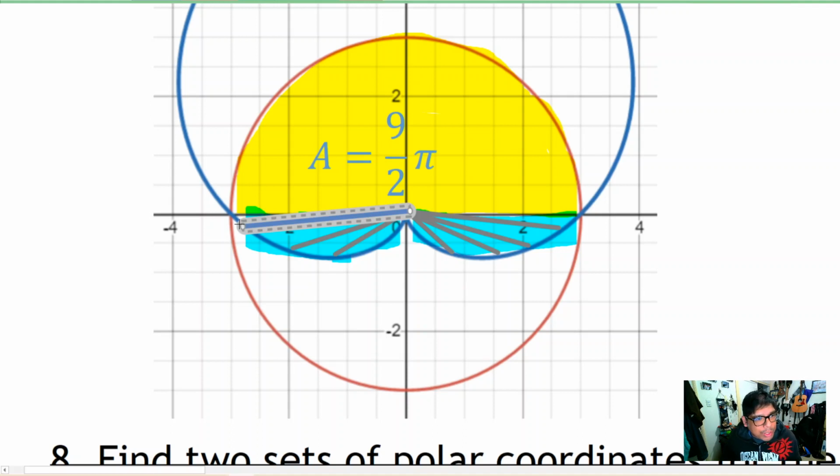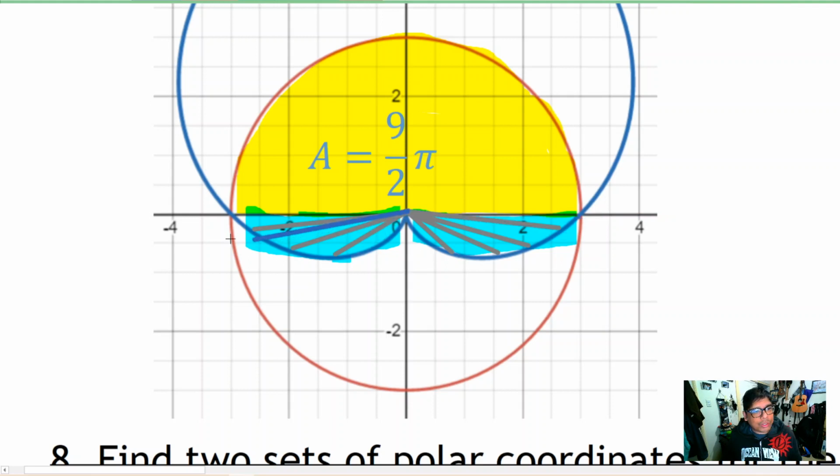Now if I grab just one radius here and start to sweep it around the blue curve, the radius doesn't get that small over there, but you can see that we are basically going from this direction, which is pi, all the way over to this direction, which is 3 pi over 2.